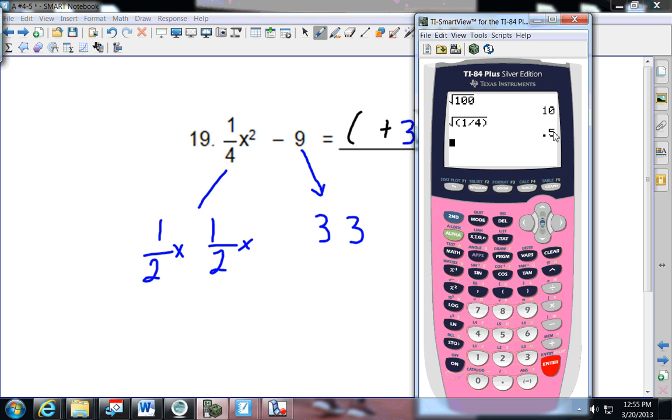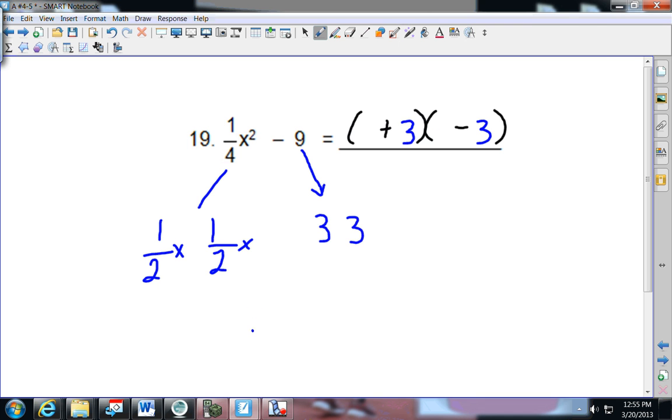It'll give you the decimal, but remembering how to change it to a fraction, I can press math, enter, enter, and it'll give you 1/2 as how it splits up evenly. So that means as I go up here, I've got 1/2 x and 1/2 x. That would be your answer.